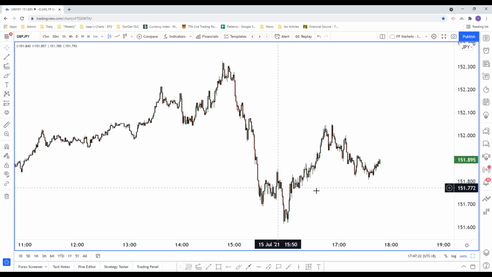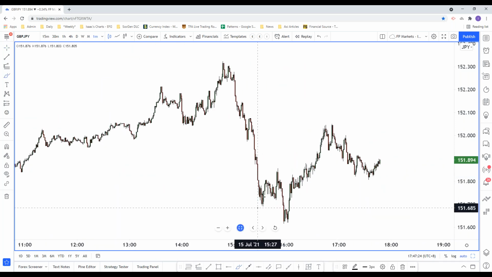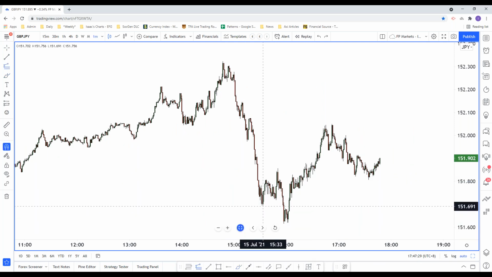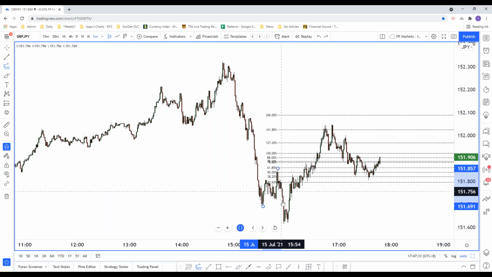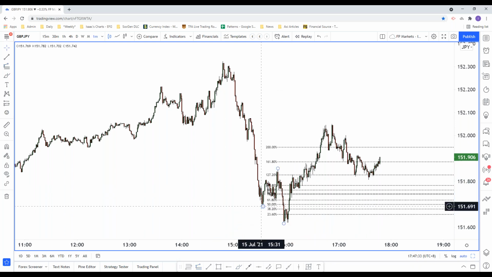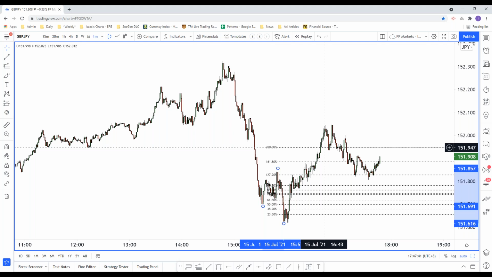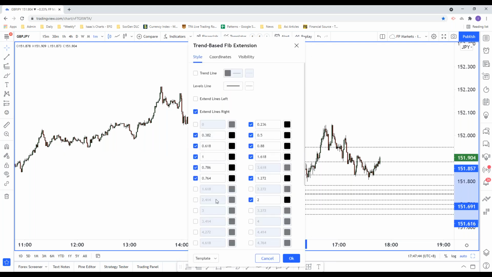All right, so you have an irregular zigzag here. You can draw Fibonacci expansion, 0.1, 0.2, and 0.3. And you can see that price came up to the 127.20, continued pushing higher to the 161.80, and even projected to the 200%. I'm going to check the 2.618.